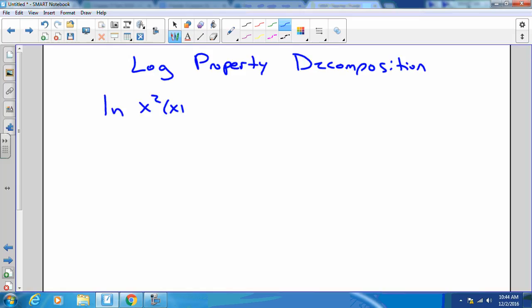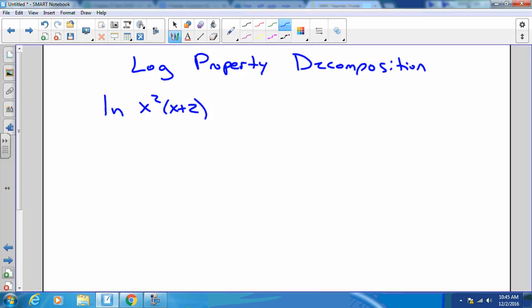For example, let's consider this expression, the log of x squared times the quantity x plus 2. We take a look at that, we see that's a complicated expression that we're taking the log of, and it is a product of x squared and x plus 2, and x squared itself is a power of x, right?